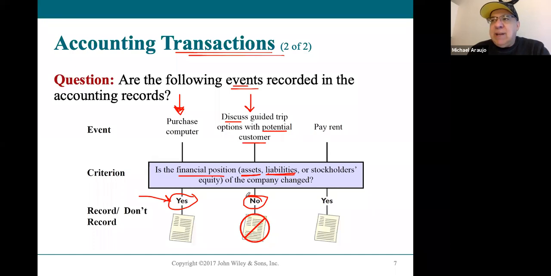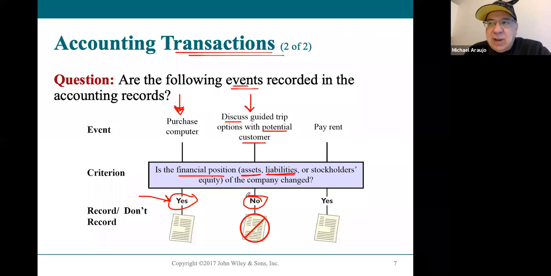I might be discussing with a customer and they say, okay, yeah, I want to go on a trip. Your next tour is leaving at 9:30. I want to be on the next bus, or I want to be on the next hike, rather. And so they put money down and they buy a ticket for the tour. Well, that's a transaction because now the financial condition has changed. I just sold a tour and they just gave me cash.